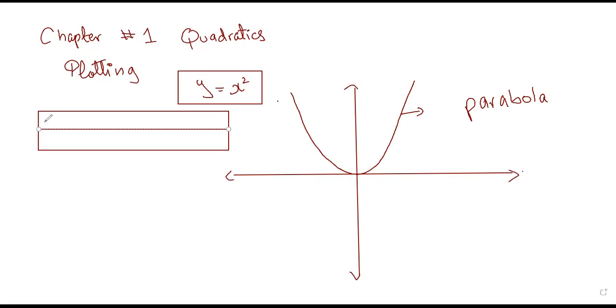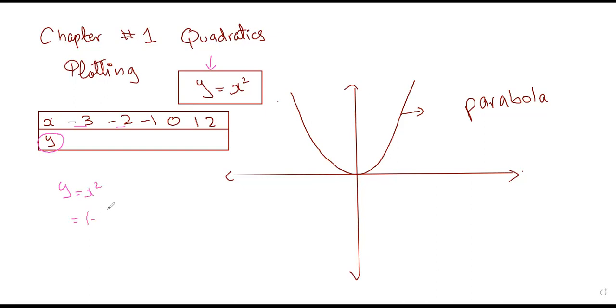For example, if I'm taking x here and y here, let's say x is -3, -2, -1, 0, 1, 2. We need to think of the corresponding values of y. By corresponding values of y, what do I mean? You have to use this equation and these values of x to find y. So y equals x square.